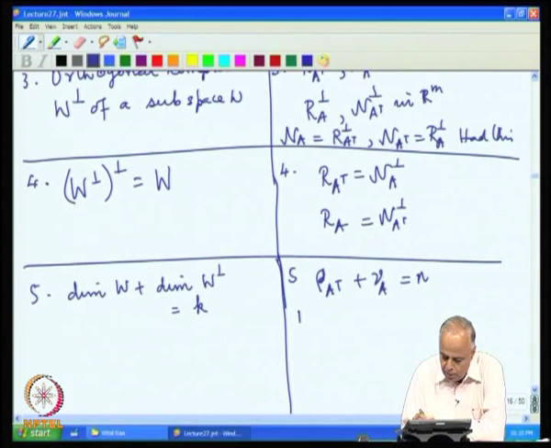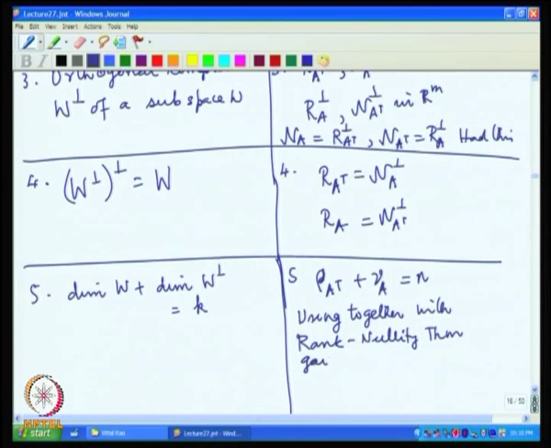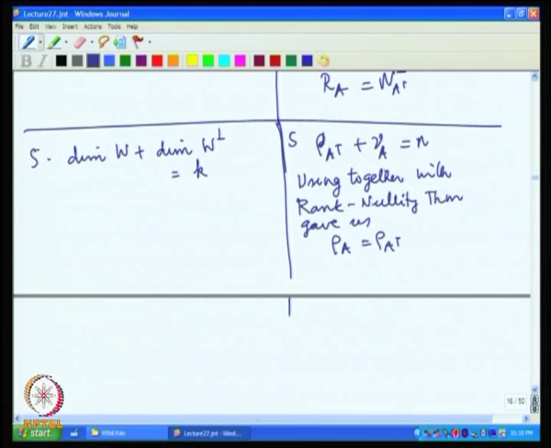But then this, together with the rank nullity theorem, gave us rho(A) equal to rho(A transpose). That is, the rank of any matrix is equal to the rank of its transpose.